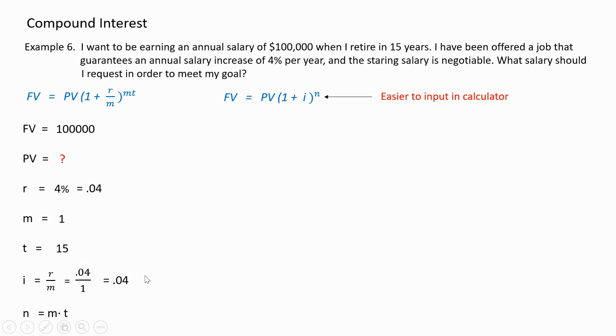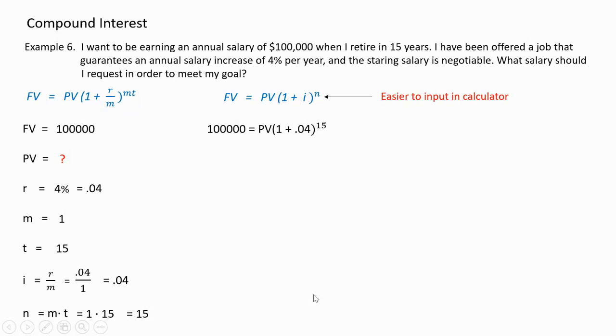On your My Math Lab, or the platform that you're using to do the homework, you're going to end up getting the wrong answer if you don't round properly, because they're real strict. If they want it to the nearest penny, then you have to round it off to the nearest penny. If not, it's going to give you a wrong answer. And the N will be M times T, which is 1 times 15, is 15.